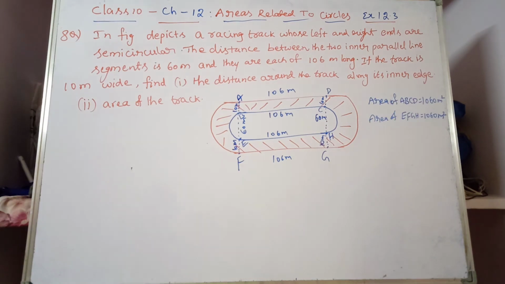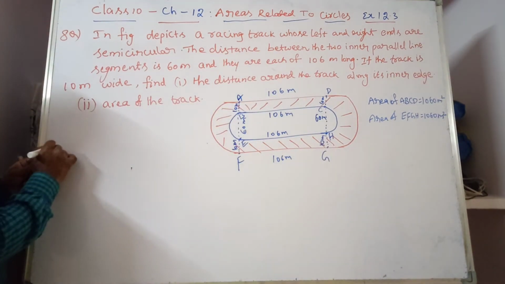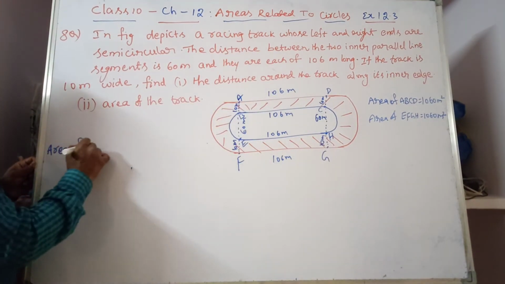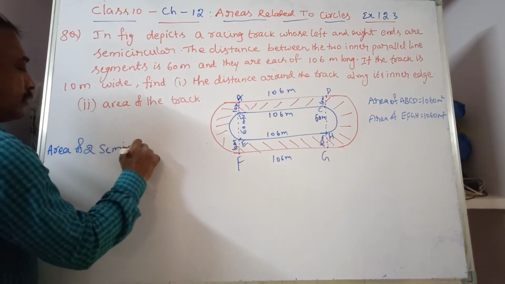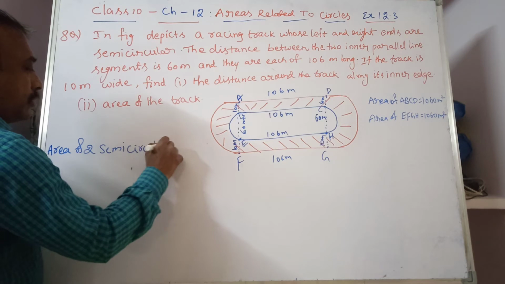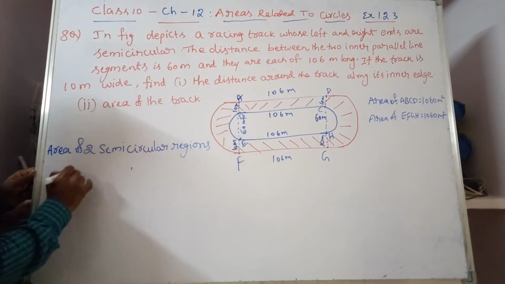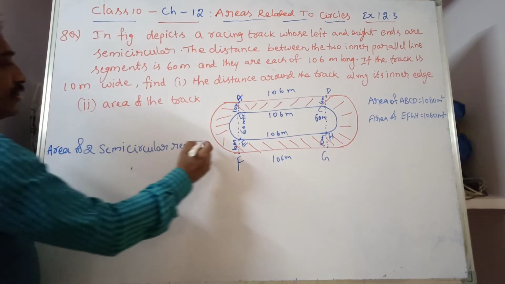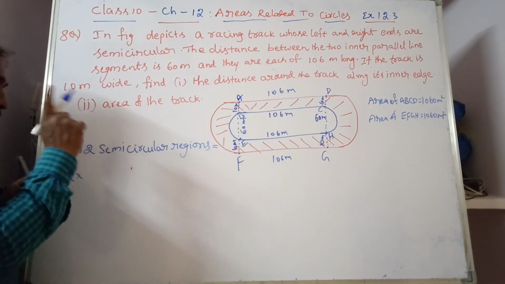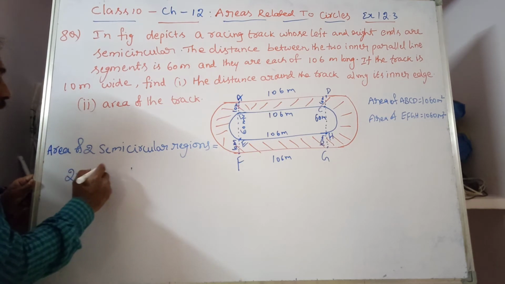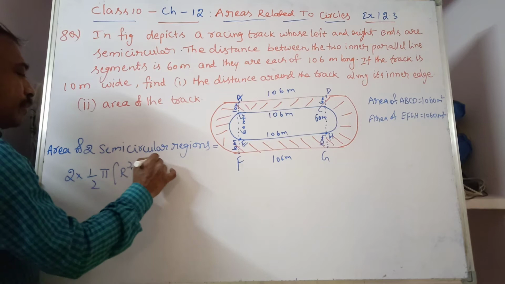Now the continuation of that: area of two semicircular regions is equal to 2 into one semicircular region, which is half pi into capital R square minus small r square.